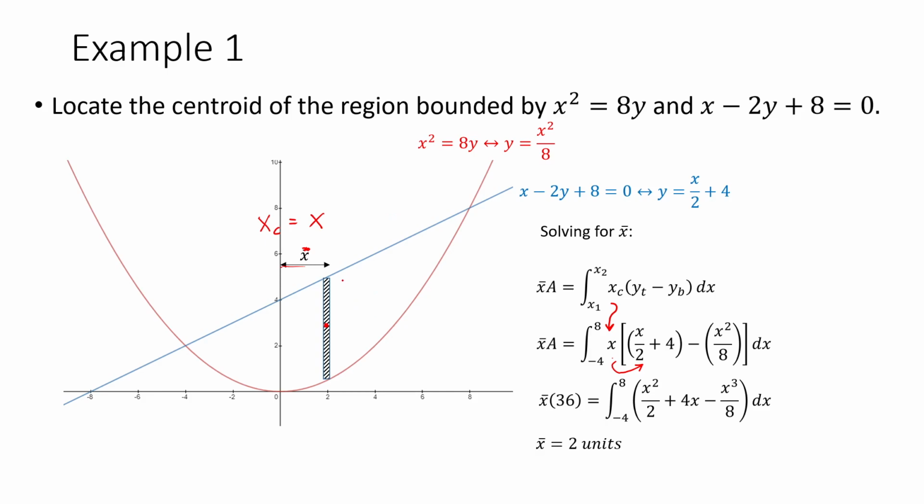But for the Y sub C component, we cannot say that it's equal to X, diba? Kaya we are in the Y direction, diba? So kani siya is, it's okay kay the X sub C component is already in the line of action of the X axis. So diretso na siya.